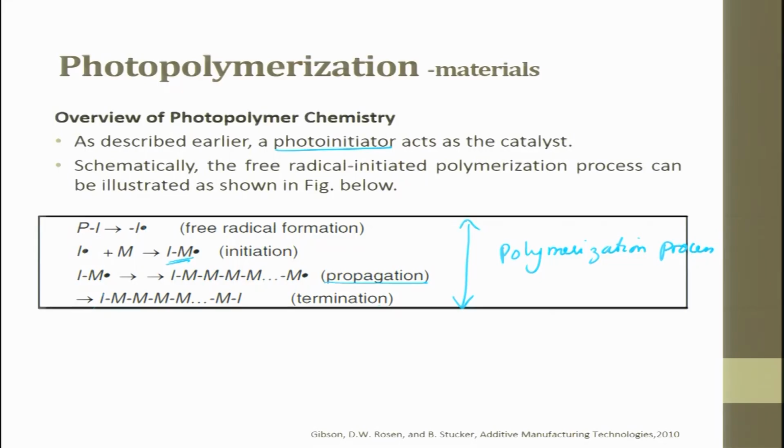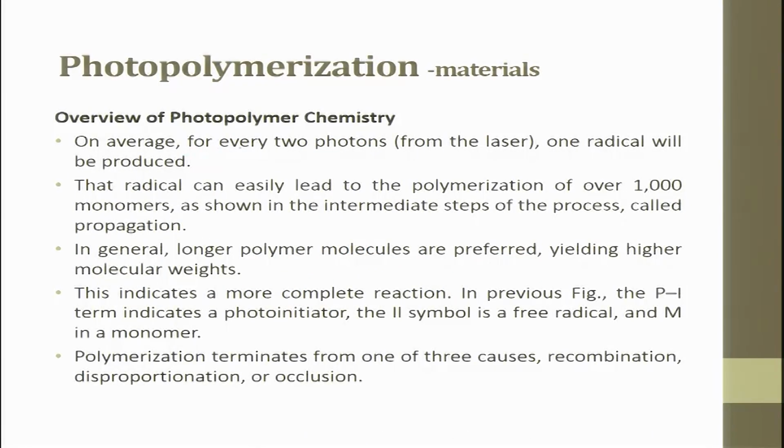Radical initiation: on average, for every 2 photons from the laser, one radical will be produced. That radical can easily lead to the photopolymerization of over 1000 monomers, as shown in the intermediate steps of the process called propagation.